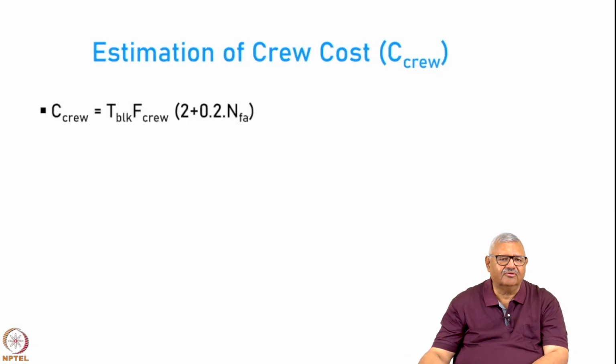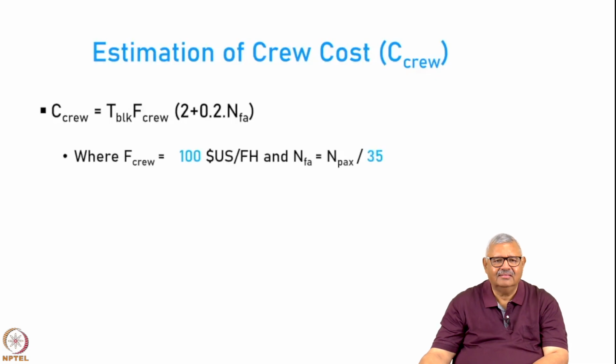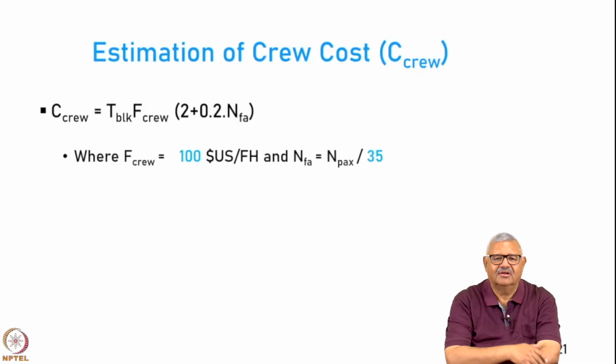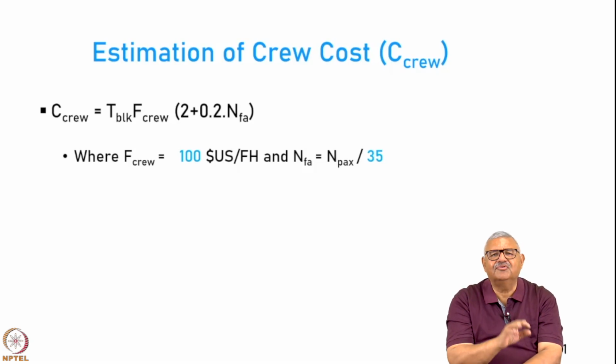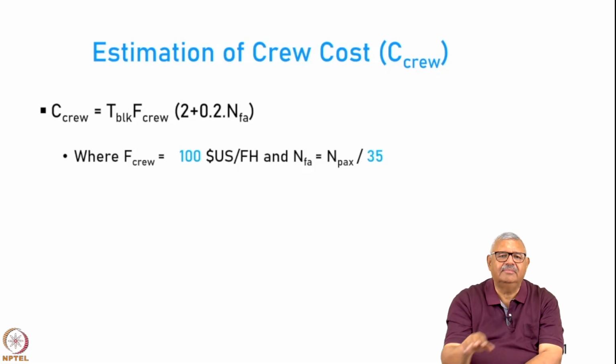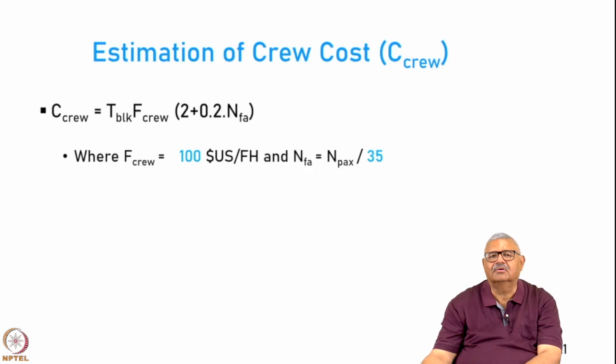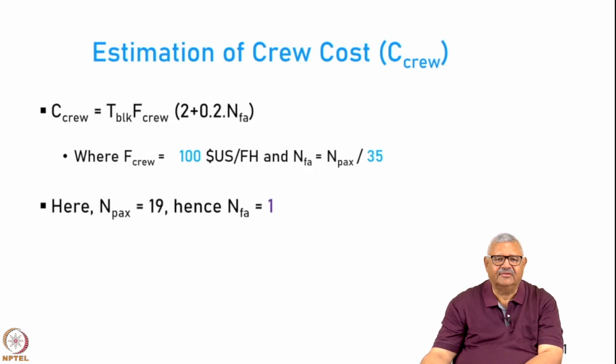Now, the crew cost is going to be a function of the block hours and the charges. As I mentioned, the salary or the earnings of the cockpit crew members varies from place to place and depending on various situations. We have assumed that the net number will be $100 per flight hour, and you will have one member in the cabin for 35 passengers.